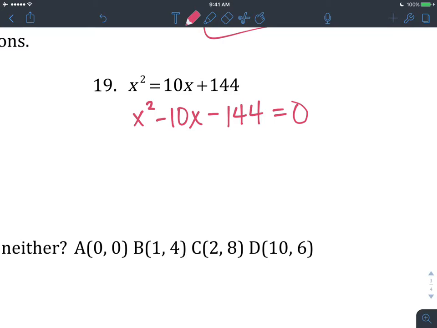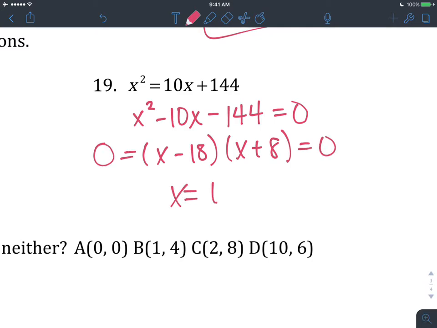Factors of 144 that are going to give you 10. It's going to be 8 and 18. So x minus 18, x plus 8 equals 0. So you're going to get 18 and -8 as your two answers.